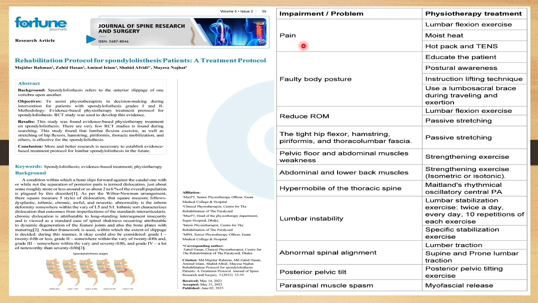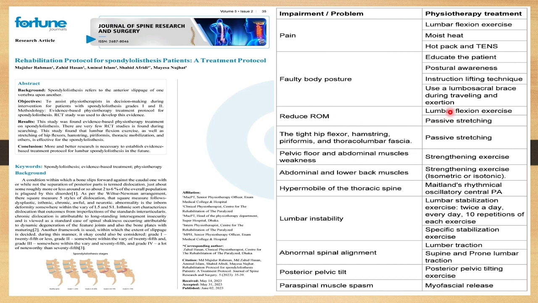So in order to reduce the pain, they give lumbar spine flexion exercises, moist heat, hot packs, and TENS. And for faulty body posture, in order to correct the posture, they educate the patient and give postural awareness, instruction for proper lifting technique, and use a lumbosacral brace during traveling and exertion. The next goal is to improve the range of motion.